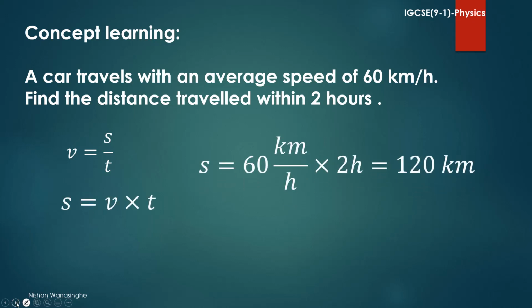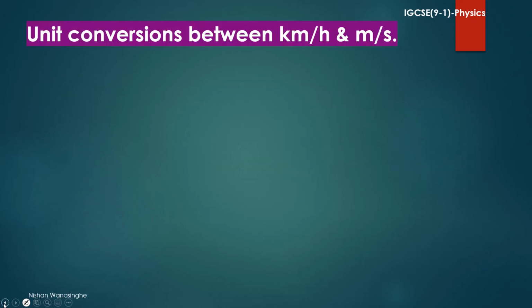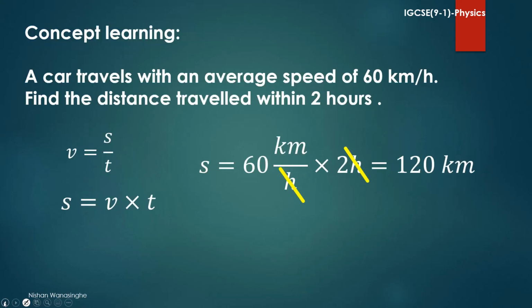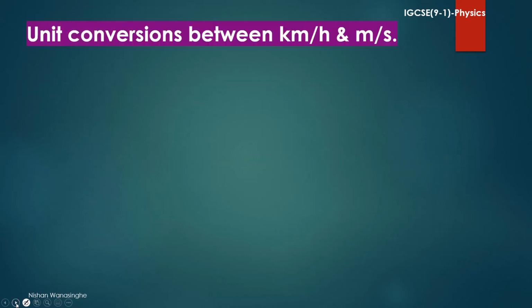So v is 60 kilometers per hour, time is 2 hours. When you multiply them, hours and hours cancel. So the answer is 120 kilometers. I hope you understood these concept learning questions. Now we'll move to the next part.